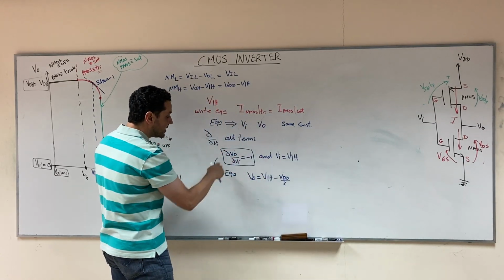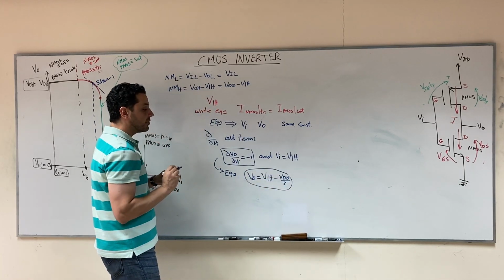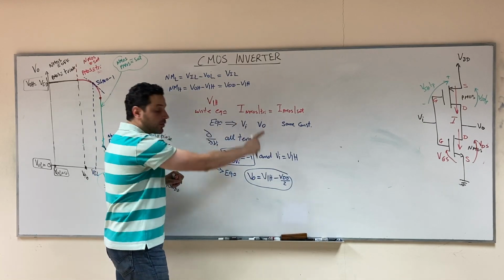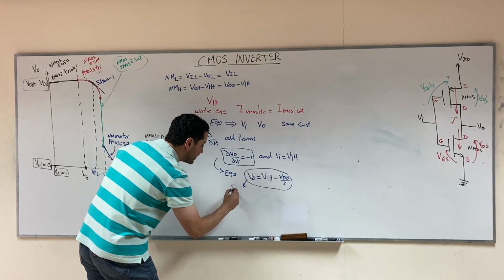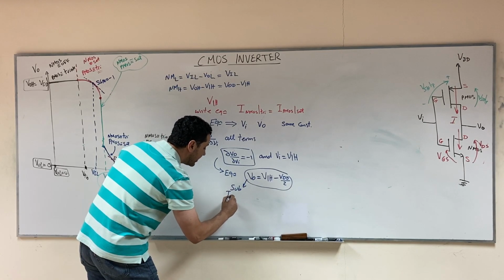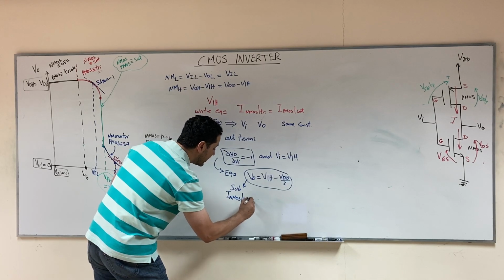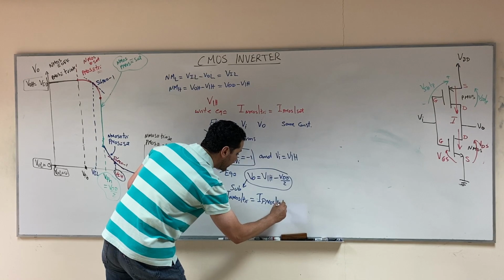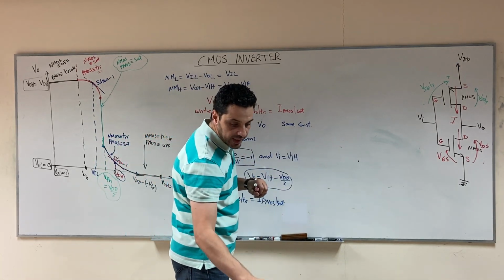So once you do that, you will get a relation between V output and V input high. You take this relation and substitute in the original equation, I NMOS triode equals I PMOS saturation, and you will be able to reach the final equation of VIH.